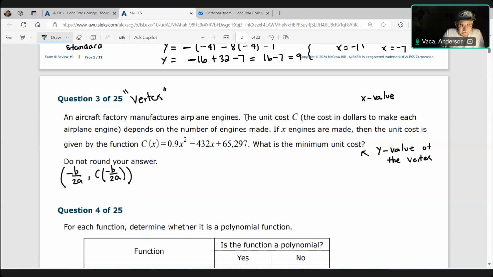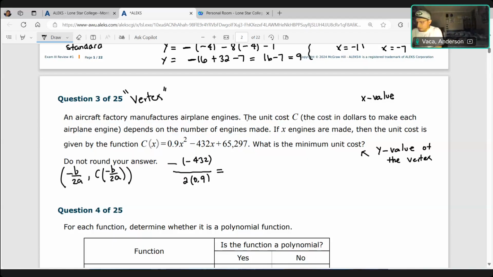So to find the first value, that will be negative 432 divided by 2 times 0.09. I am just going to use the calculator at this time, and hopefully you have your calculator as well. You're probably not seeing the typing of the keys here, but that is okay.